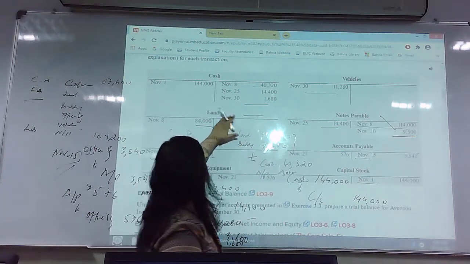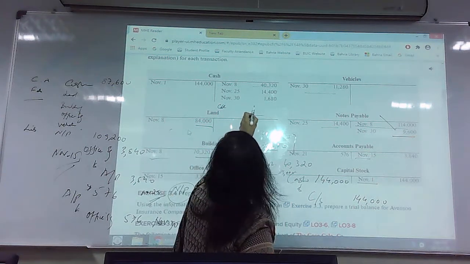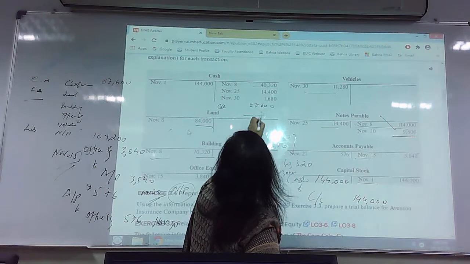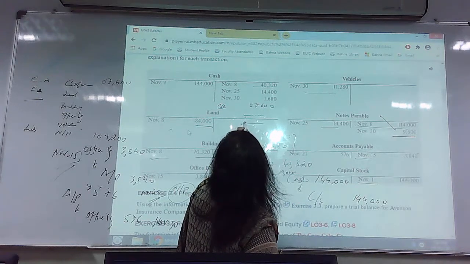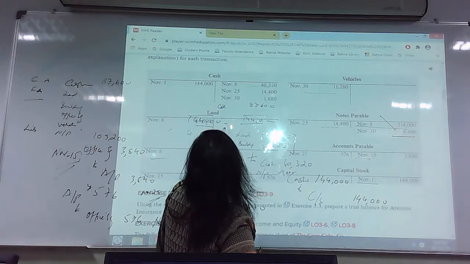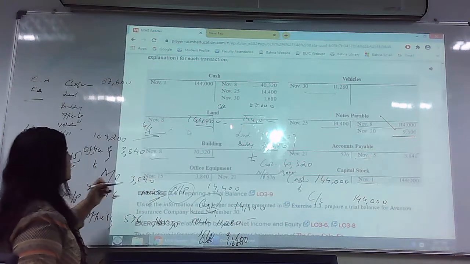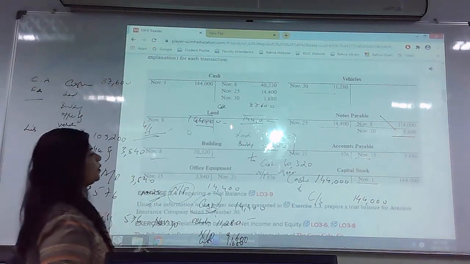So now this was carried down as 87,600, and the balance was 144,000 on either side. So 144,000 on either side, and that will be brought forward for the next time period. It's going to be 87,600. This is the remaining cash that you have.